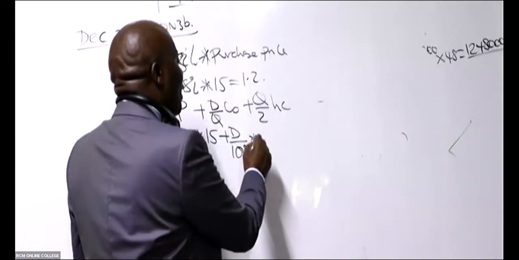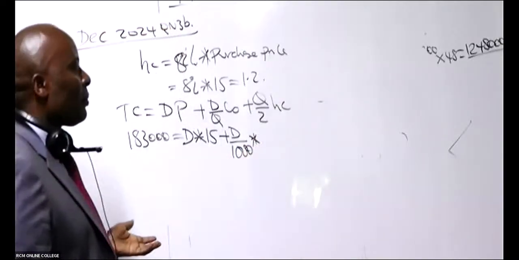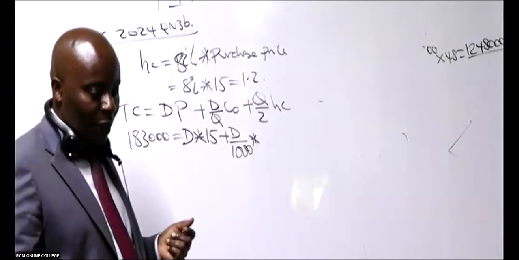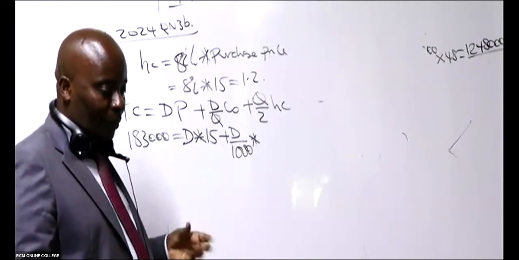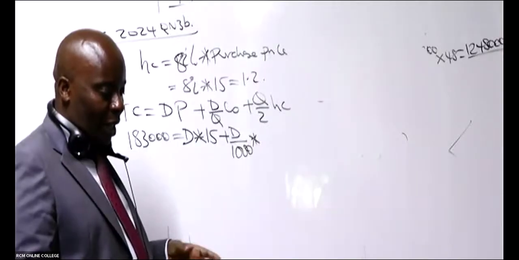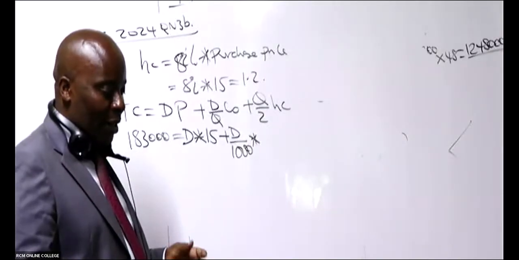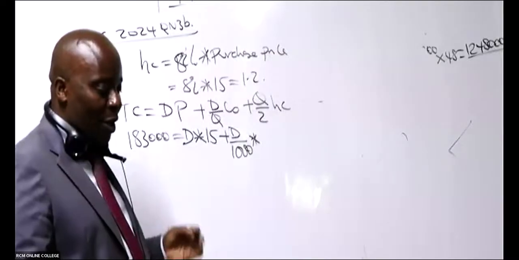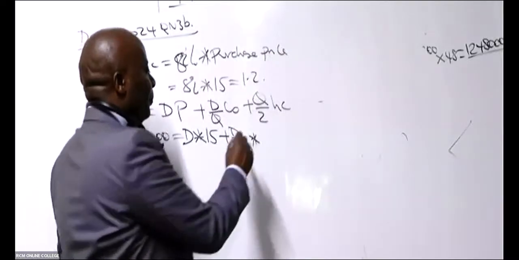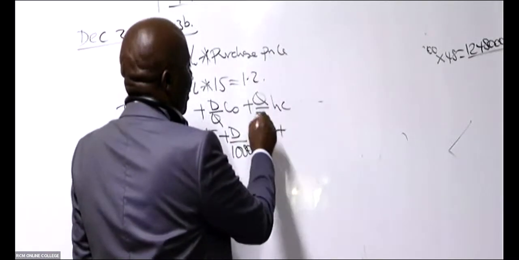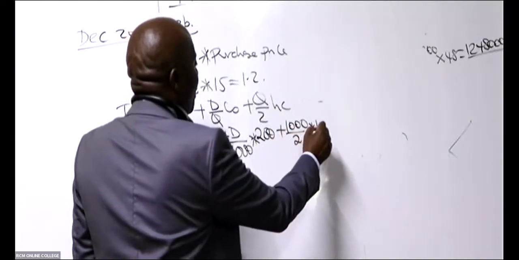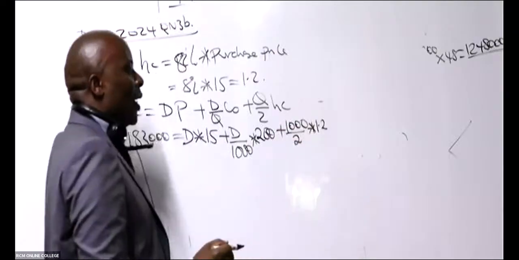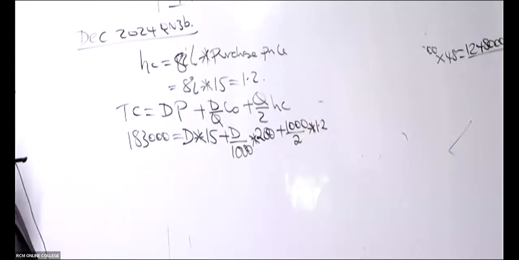Have they given us the cost per order? Every time we are ordering, how much do we incur? It's called the fixed cost per order, which is 200. Plus Q, which is 1,000, over 2 times the holding cost of 1.2.